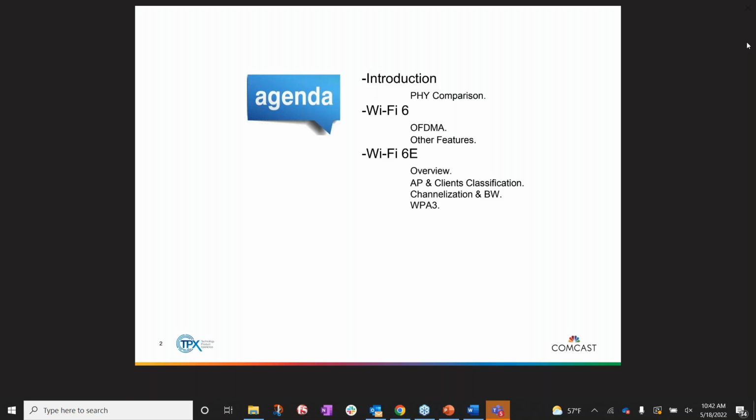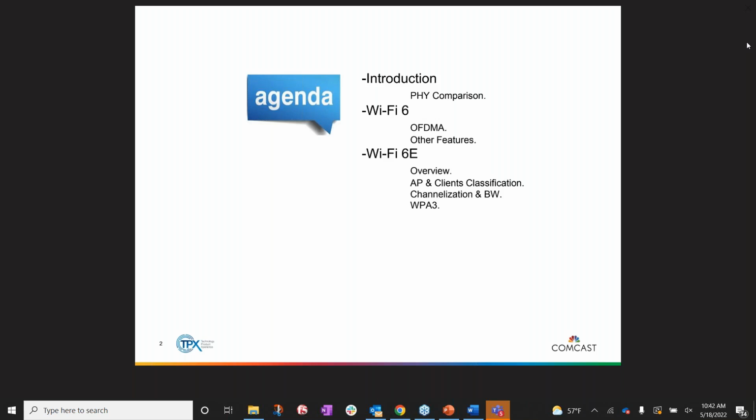Okay, so today we're going to discuss Wi-Fi 6. We'll refresh the concepts with a five-layer comparison as an introduction, and we'll walk through the main important feature that is available in Wi-Fi 6, that is OFDMA, and we'll also discuss other features.